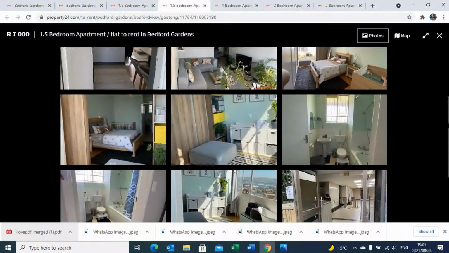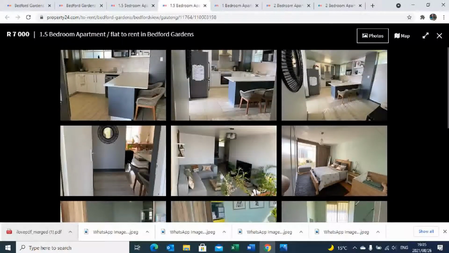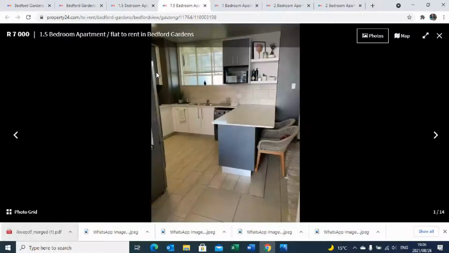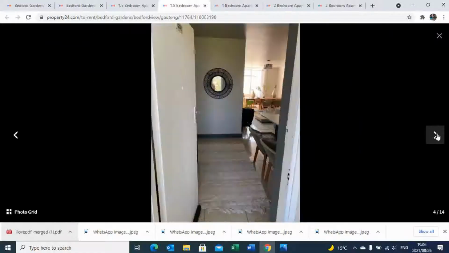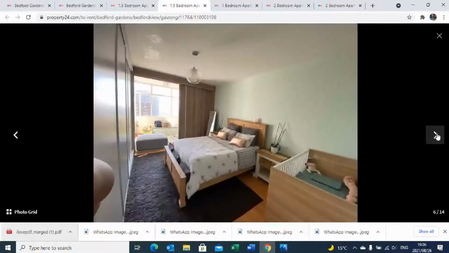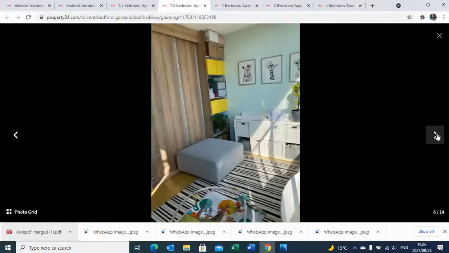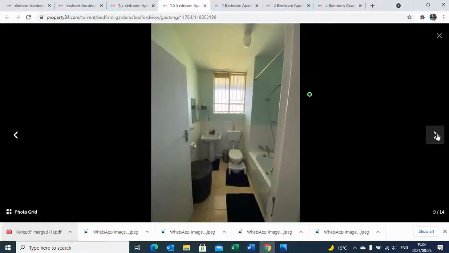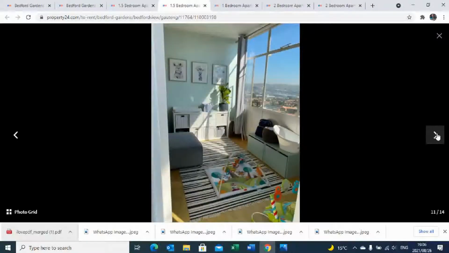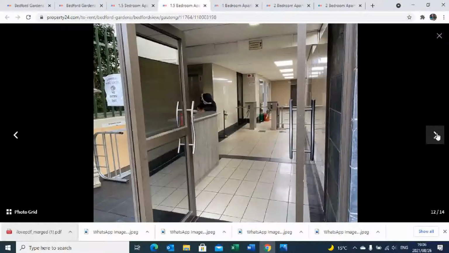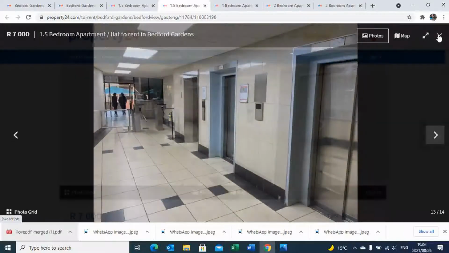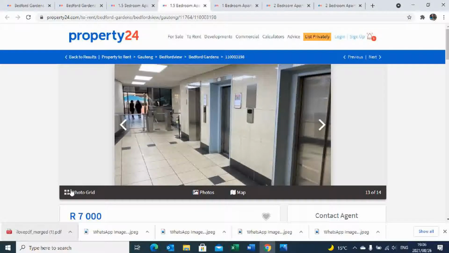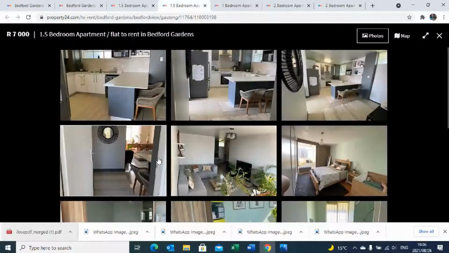So you use this to go through each and every photo, because you're comparing, you're taking your time, you're learning. This process is very important because you want to price this property correctly.